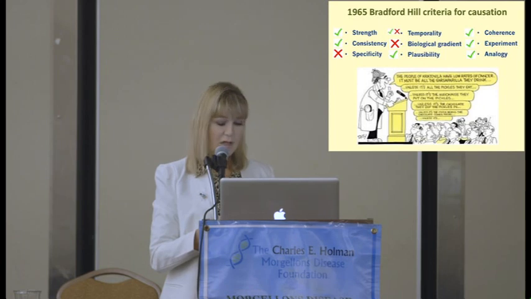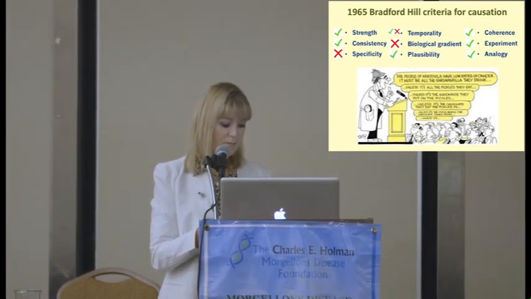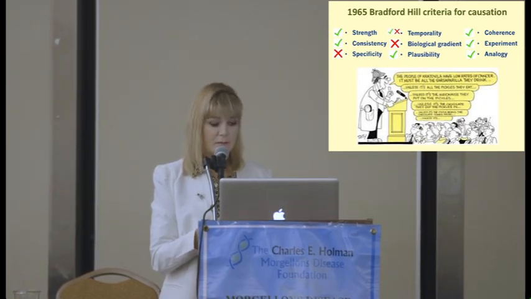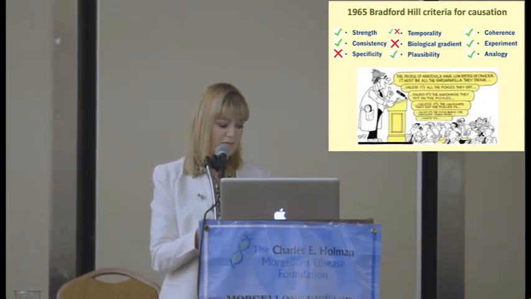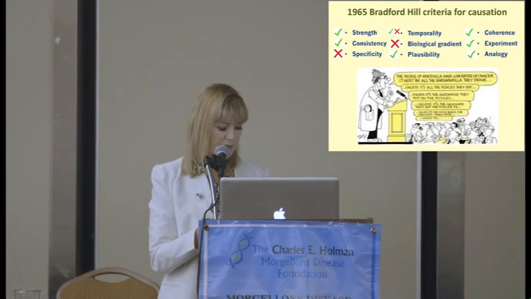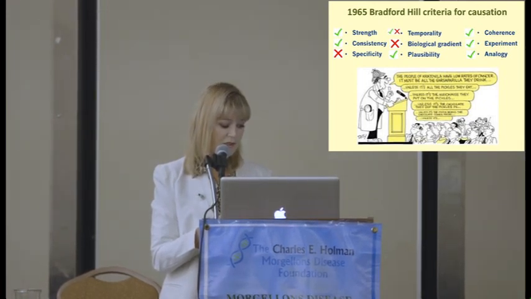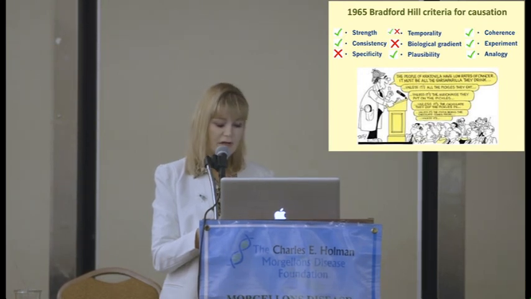Plausibility. A plausible mechanism between cause and effect is helpful and should make sense in light of current theories and results. There is a plausible mechanism for the cause and effect relationship between borreliosis and Morgellons. Coherence. The cause and effect should make sense with available knowledge and should correlate with clinical findings.